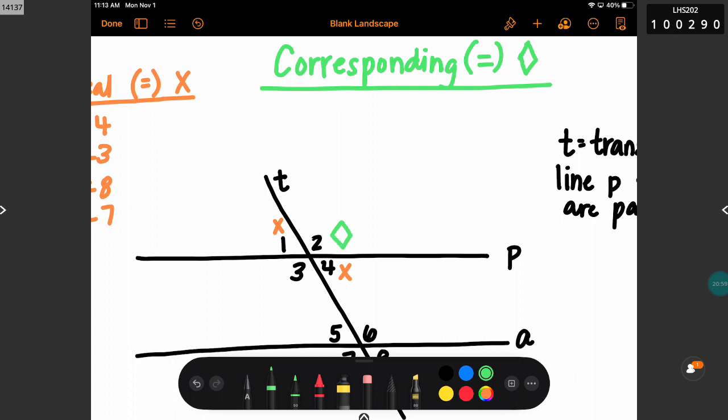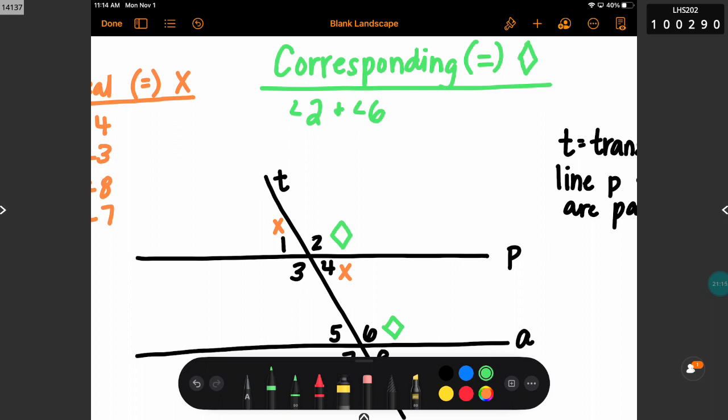Angle 2 and angle 6 have equal angle measure, but not opposite. Equal angle measure in the same spot on 2 different lines.